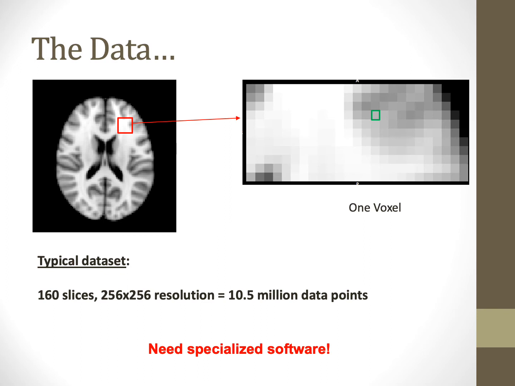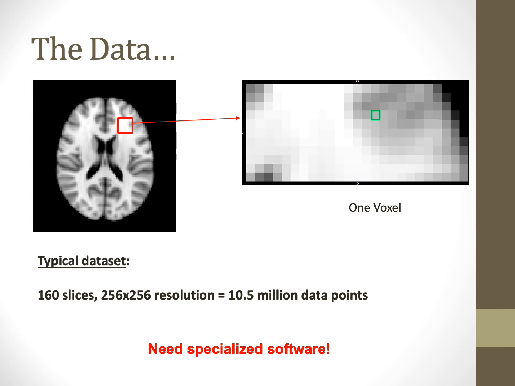To see how voxels make up images, we can zoom into this T1 weighted image, and you will notice that the image begins to look more pixelated. These individual elements that you see are the individual voxels, and each voxel has an associated number or value, also an intensity assigned to it.